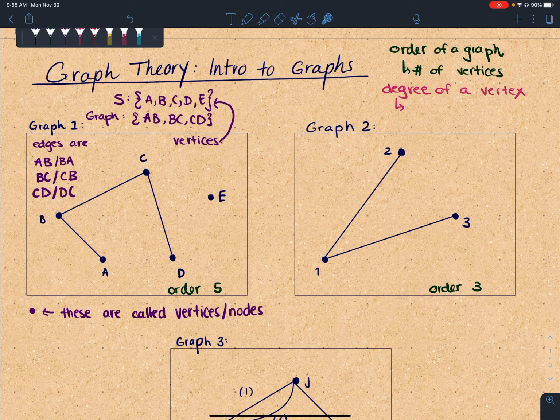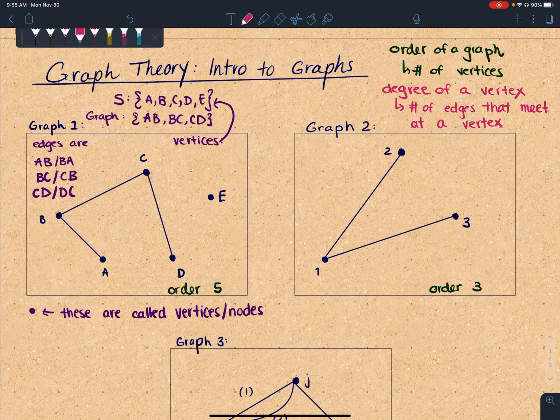So you're looking at all of these lines and how many lines are leading into this vertex. The number of edges that meet at a vertex. I'm going to keep pink associated with degree of vertex.